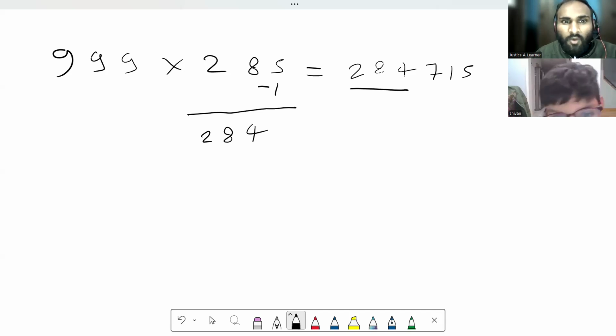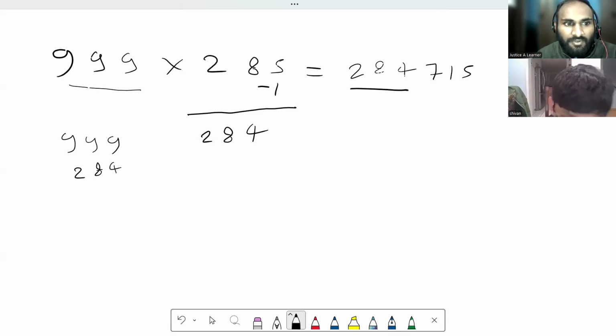Okay. Now what we do is subtract this out of this triple nine. So you see, 999 and 284. When you subtract this, what do you get? 7, and then 1, 5, so 715.